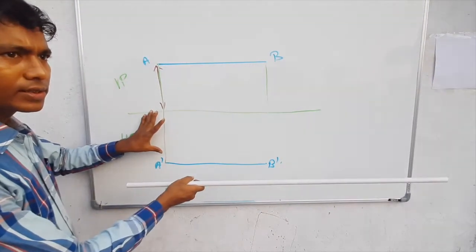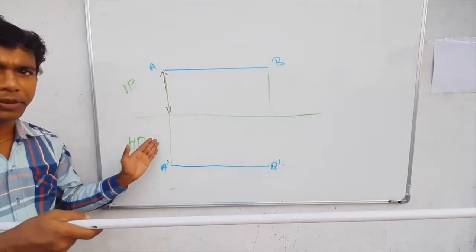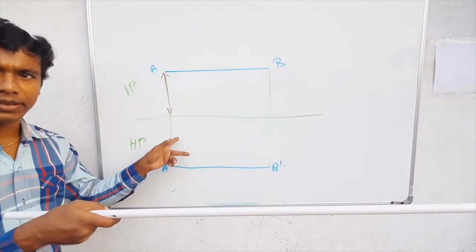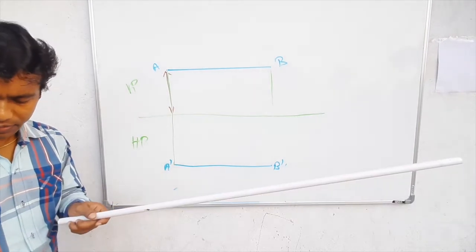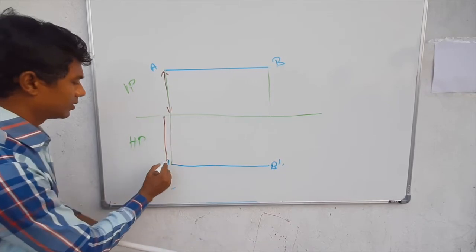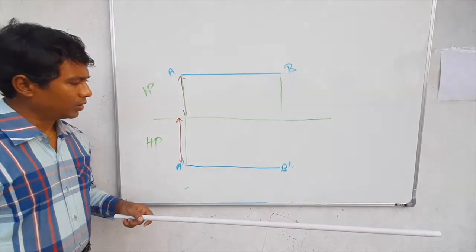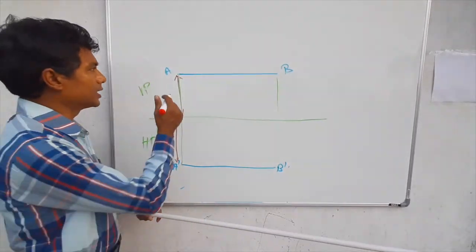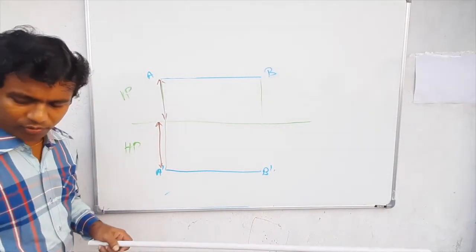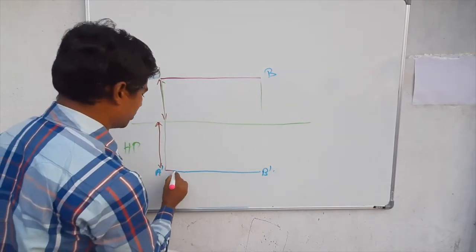This distance in VP, HP, what is the distance? In front of VP, whatever distance will be given, that will be implemented here. So finally, it is our front view of the line, and this is the top view of the line.